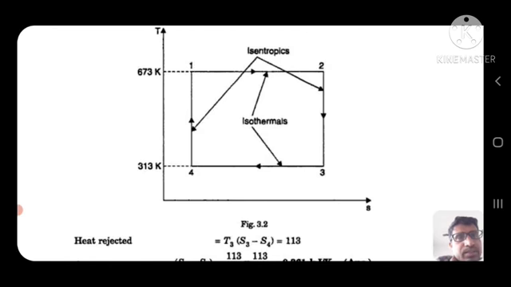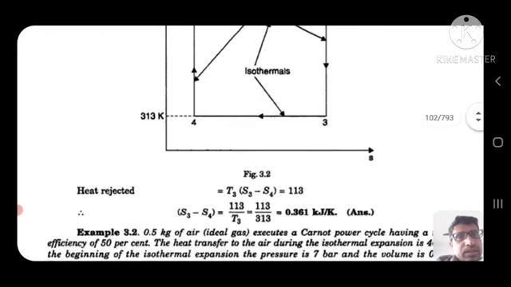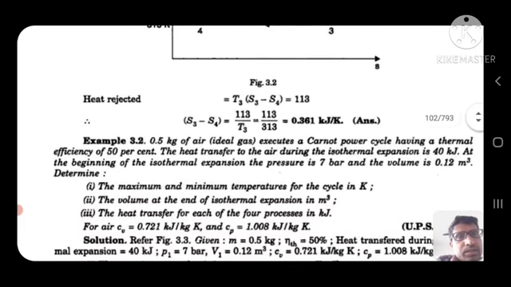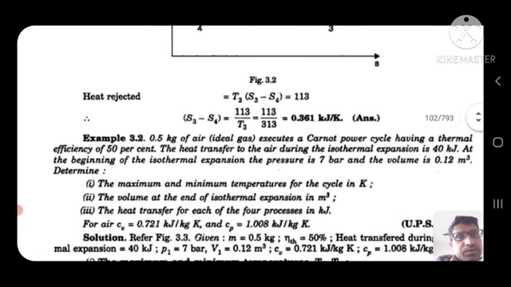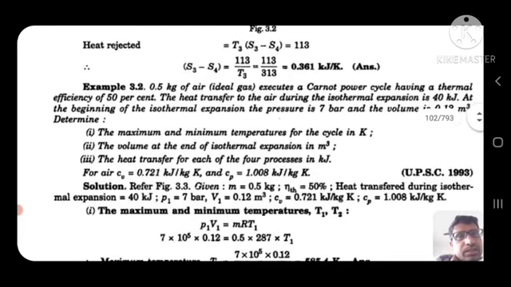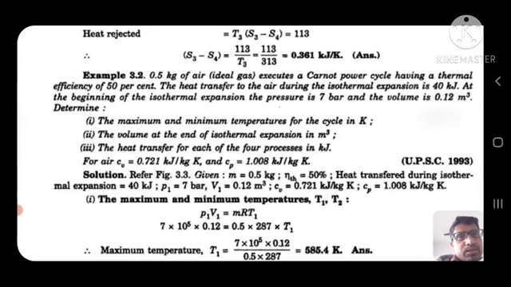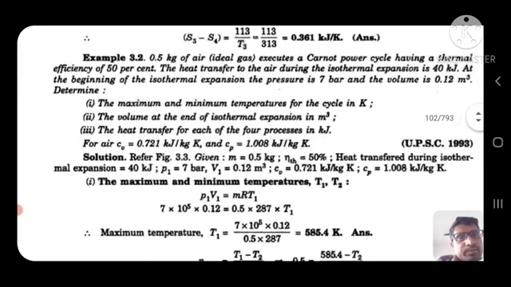Isentropic, 673, 313, heat rejected is equal to T3 into (S3 minus S4), that is equal to 113. S3 minus S4 is equal to 113 by T3, that is 113 by 313, equal to 0.361 kilojoule per Kelvin.